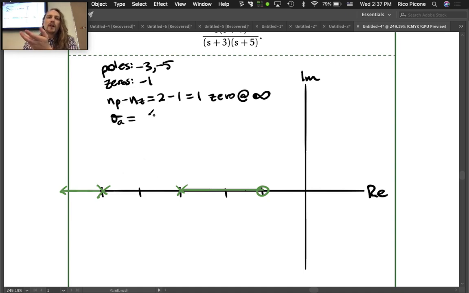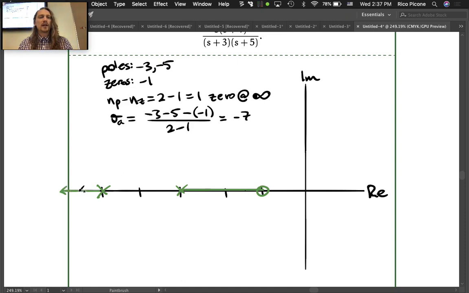The poles here are -3 minus 5 minus -1, which is the zero, divided by 2 minus 1, or -7, right?